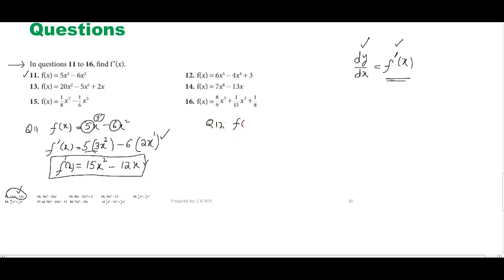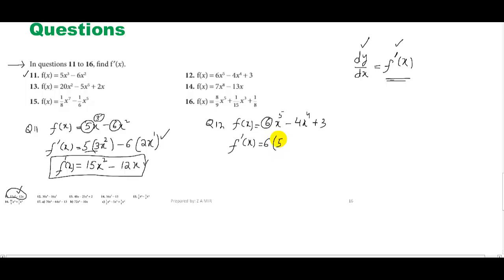It is f of x is equal to 6x power 5 minus 4x power 4 plus 3. And the derivative will be f dash of x. This 6 will remain the same.